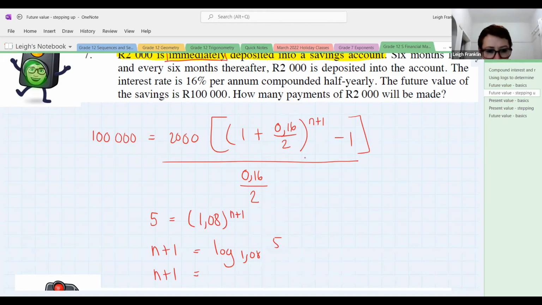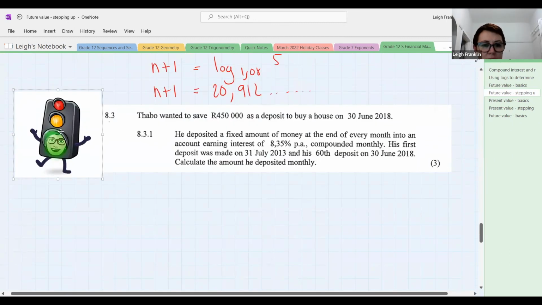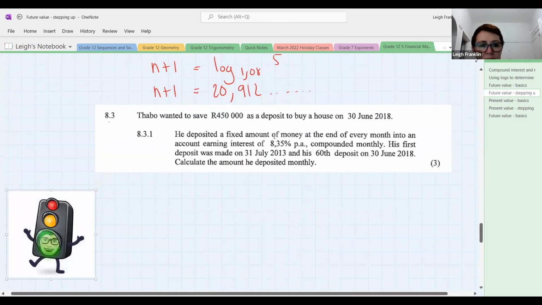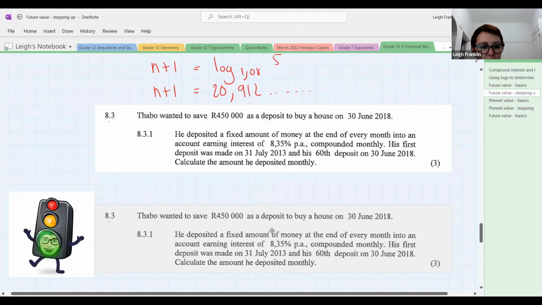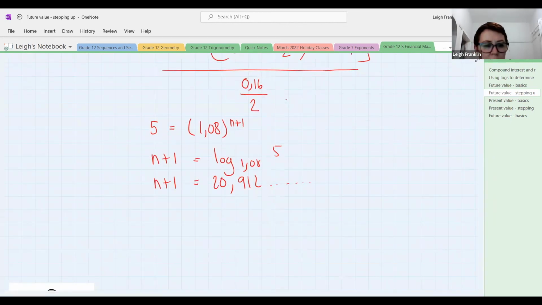So that gives us 20.912 and so on. See, I never have enough room, do I? And now when we take that 1 over to the other side, we subtract. So that gives us n equal to 19.91 payments.